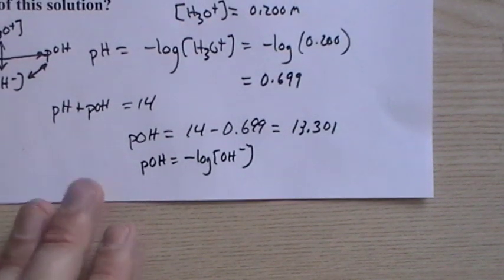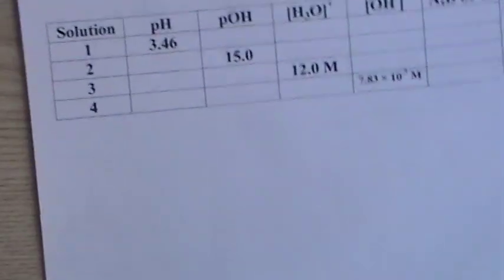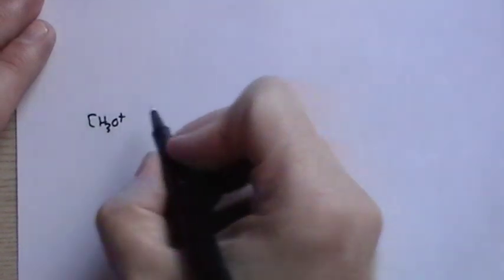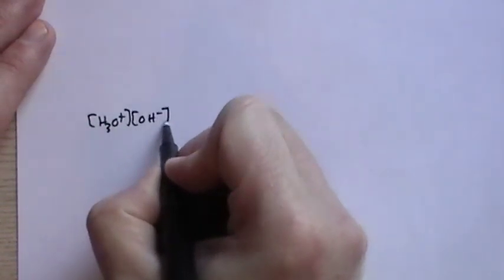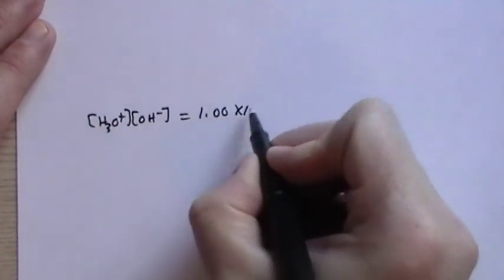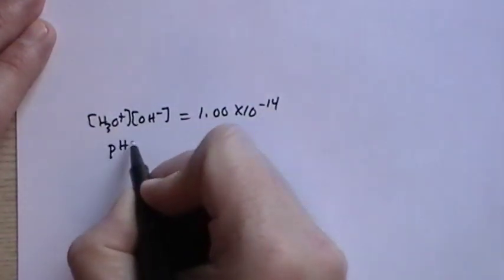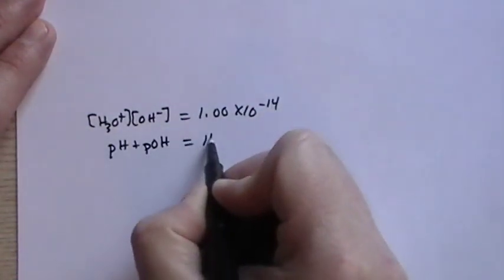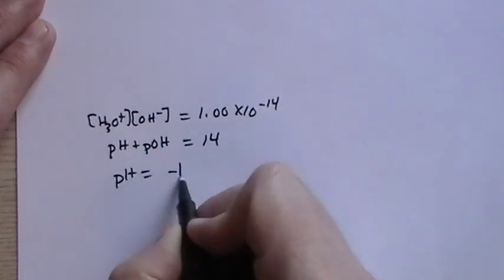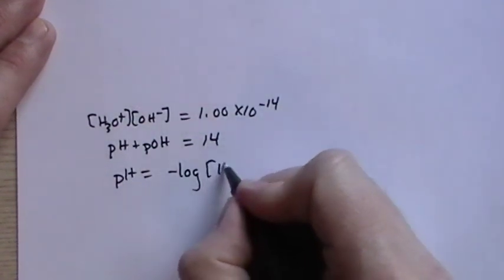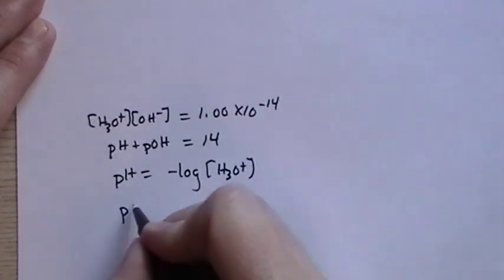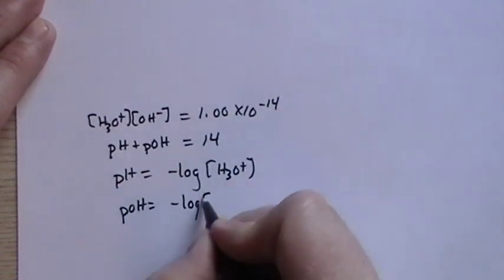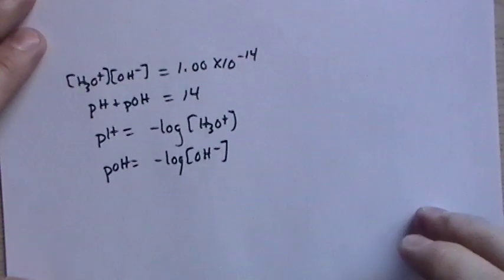And we'll go to this last problem. Let me just write it down here. Let's write all of the equations that we have. We have H3O+ times OH minus is equal to 1.00 times 10 to the minus 14. pH plus pOH is equal to 14. pH is equal to negative log of the concentration of hydronium ion. pOH is equal to the negative log of the concentration of hydroxide ion.